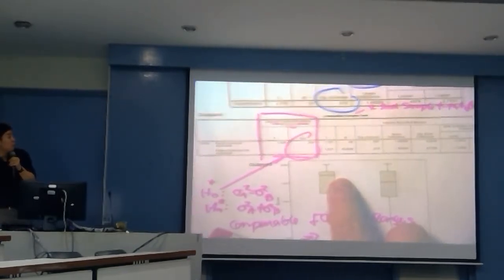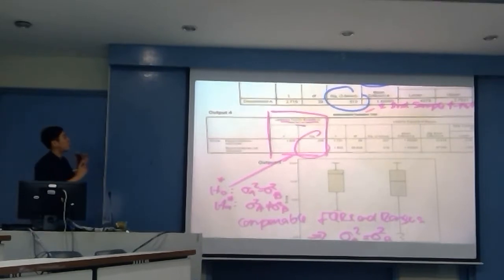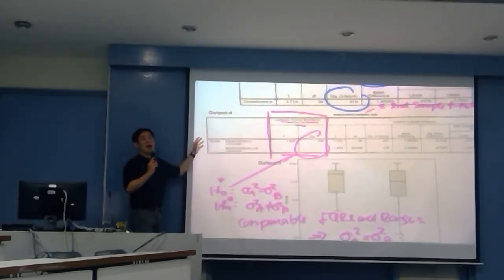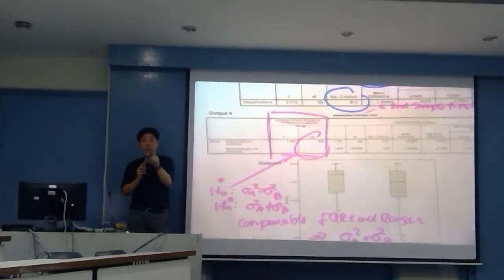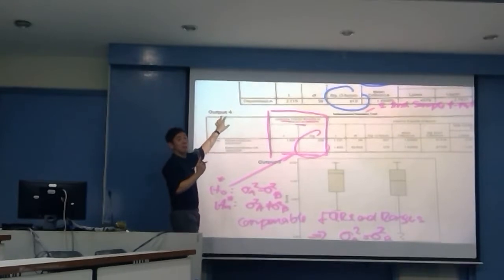What you see from the output here, it doesn't say. I don't know why. So based on the output itself, it's hard to tell. But if you are the person who makes the output, you need to know what to do. If it's an exam, I will put the name in here.